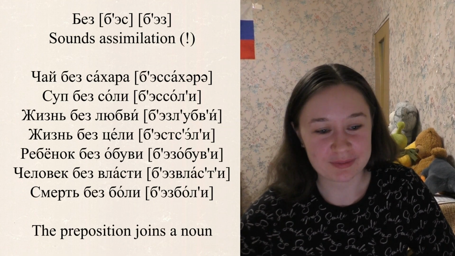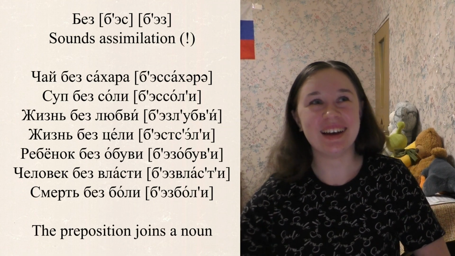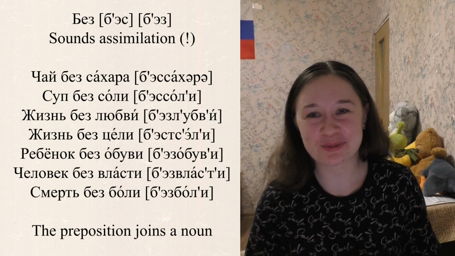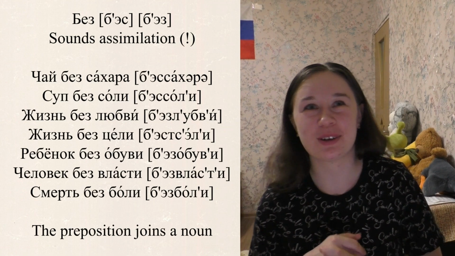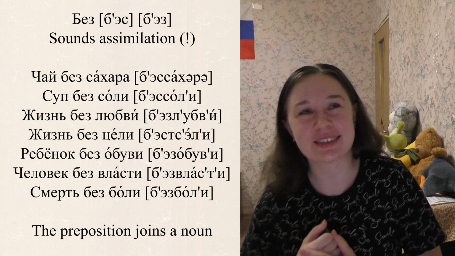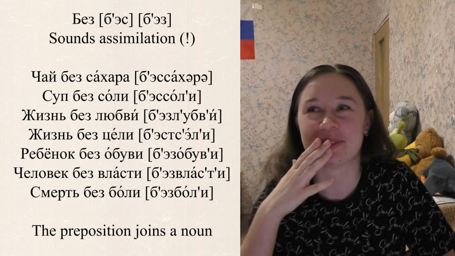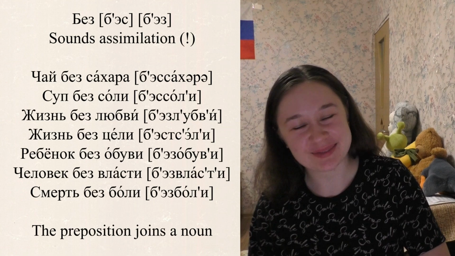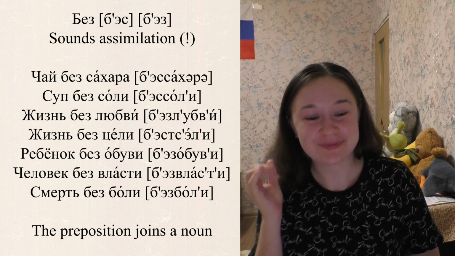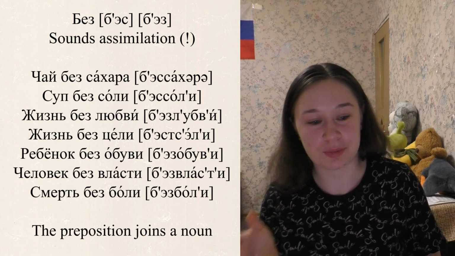Смерть без боли. I don't know if it's positive or negative because it's about death, but death without any pain, is it positive or not? I don't know actually. Смерть без боли. Death without pain.